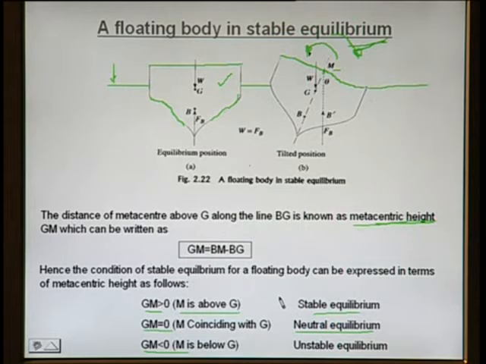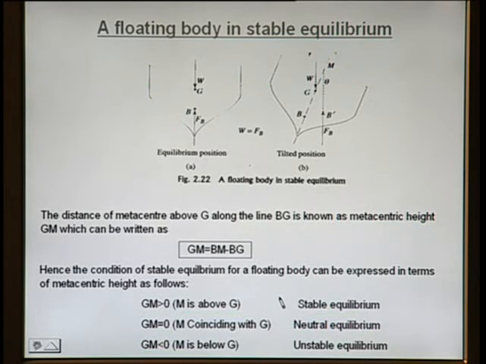So we have to find out the metacenter very carefully, and for finding the metacenter we have two methods. The first method is the analytical method and the second is the experimental method. So either we can find the metacentric height GM experimentally or numerically, which is also known as analytically.